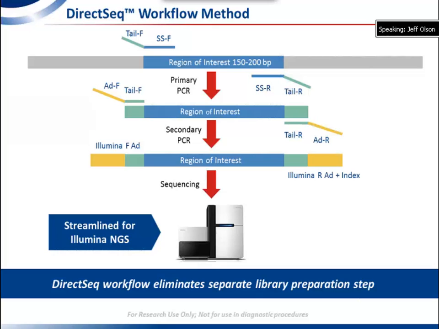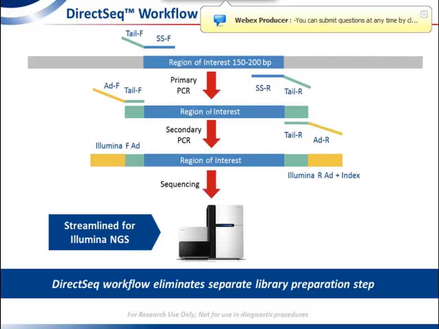Another advantage of the ThunderBolts Cancer Panel is that it features the RainDance RefSeq workflow. This allows the integration of the Illumina adapters and indexes during the PCR process. So in this case, you have a target region that is between 150 to 200 base pairs long. You have primers that are specific for that target region, shown by F and R, but you also have tails on these primers that have a partial sequence of the Illumina adapter.